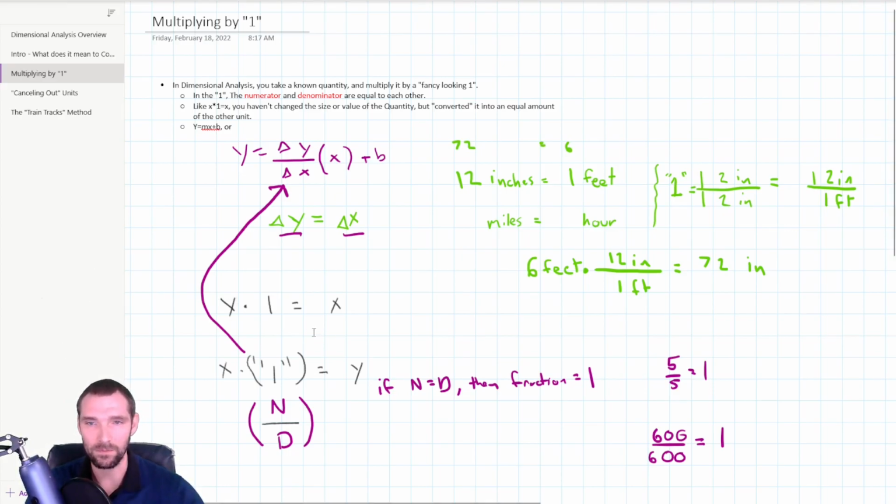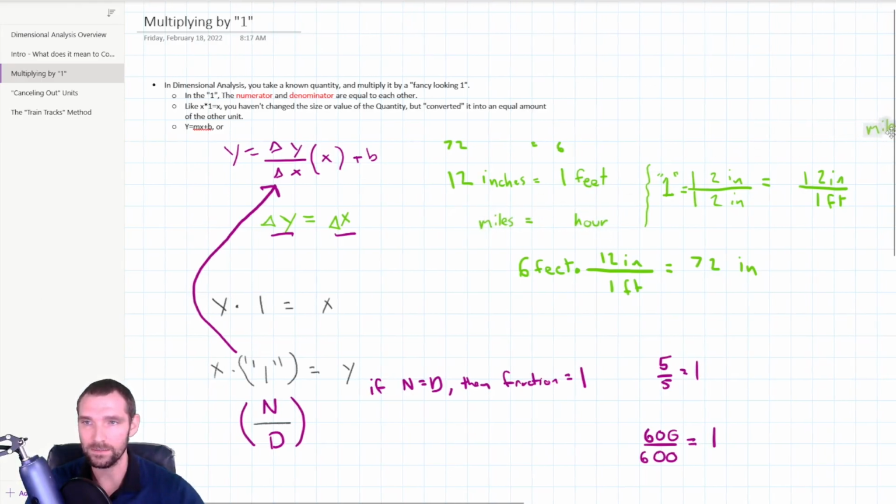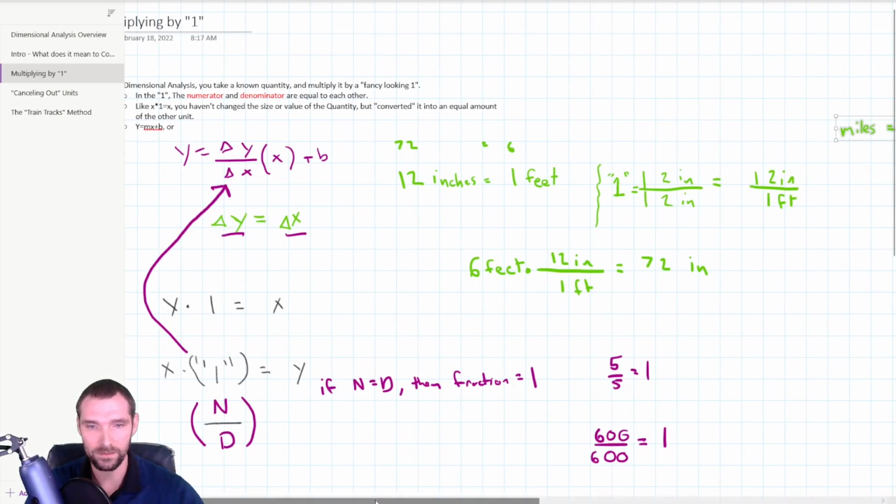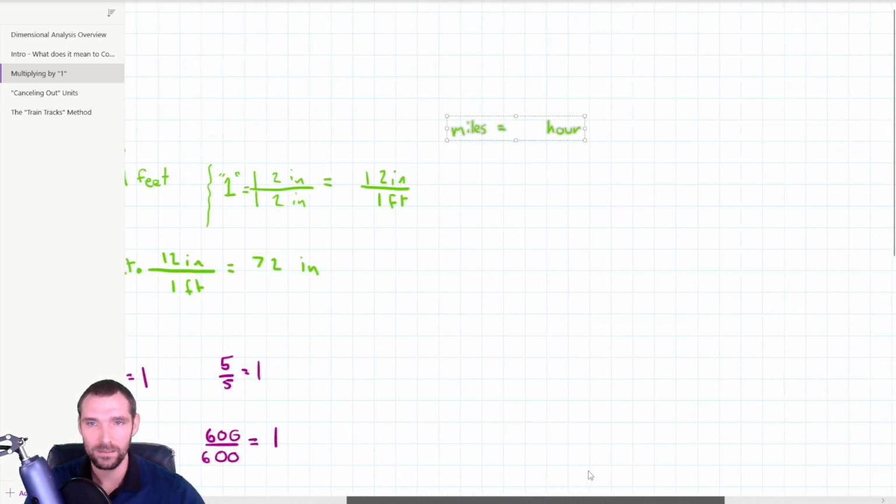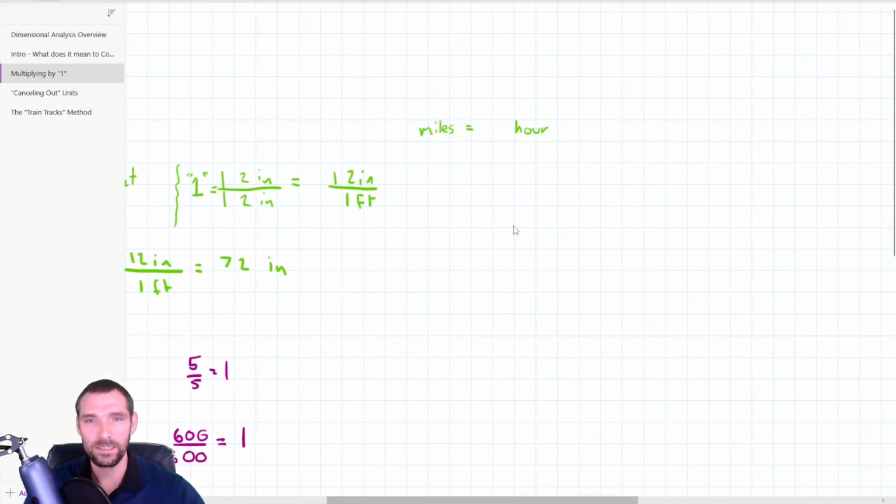We could do the same thing with miles and hours. I'm just going to grab this and move it over for that. So let's work over here. Let's say that you're going 60 miles every hour, and you want to know how much time has passed when you get to 240 miles.